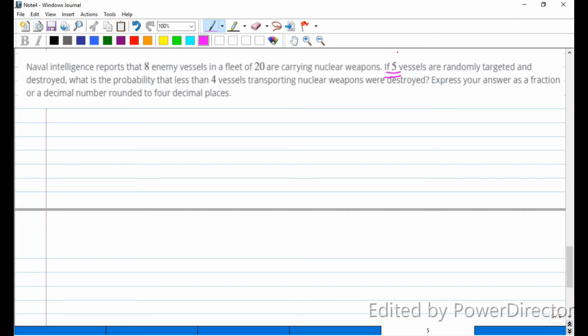Now, since we know that they only destroyed 5, the opposite of less than 4 is greater than or equal to 4. And if they only destroyed 5, that's going to be the probability of 4 plus the probability of 5. Now that's not our answer.